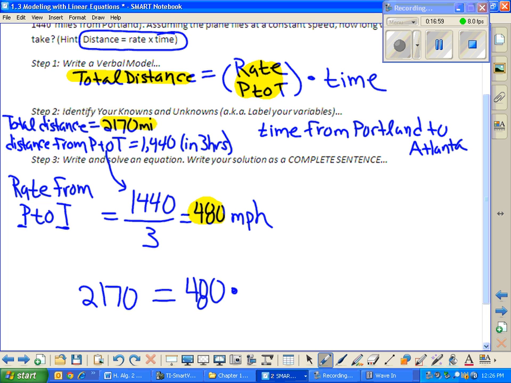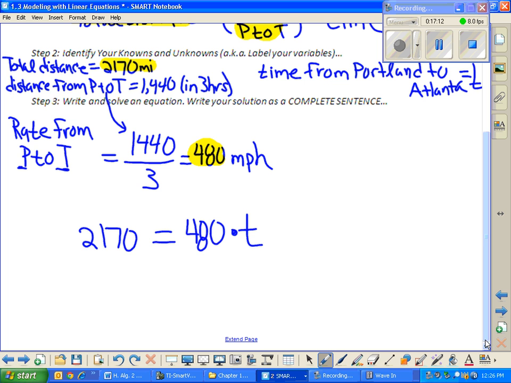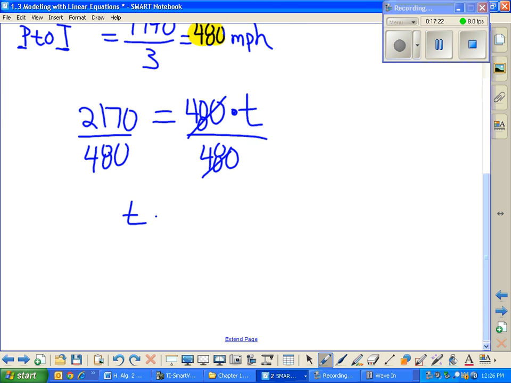And I don't know what time is. So we call the time from Portland to Atlanta. We don't know what that is. That's one of our unknowns. That's going to be our time. So I'll call that time T. We could then solve for this time really easily by just dividing both sides by 480. So the time it's going to take us to travel from Portland to Atlanta is going to be about 4.5 hours when I divided that out.